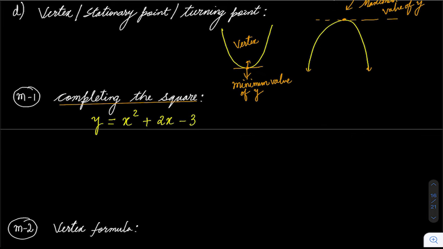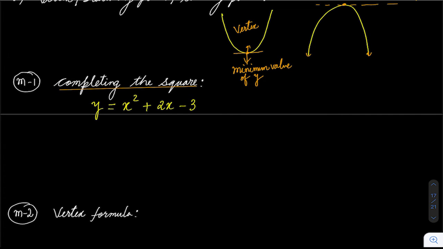Let's say this is my quadratic, and I want to find the vertex. First you will complete the square, which you already know. Divide the coefficient of x by 2, that is 1. So x plus 1 whole square minus 1 square minus 3. So y will come out to be x plus 1 whole square minus 4.